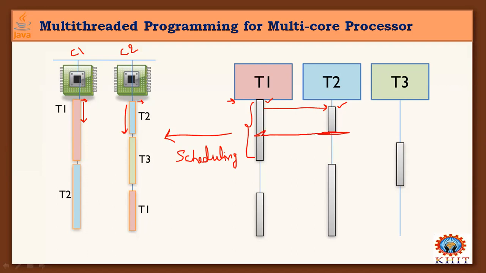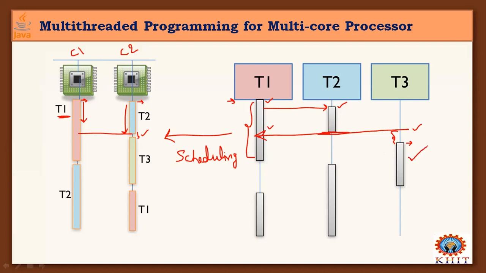T1 is currently executing and T3 is still not started. So core 2 processor sits idle for some time. After this time delay, T3 thread started and is ready to execute. At this time, core 1 is executing thread 1 and core 2 is idle.